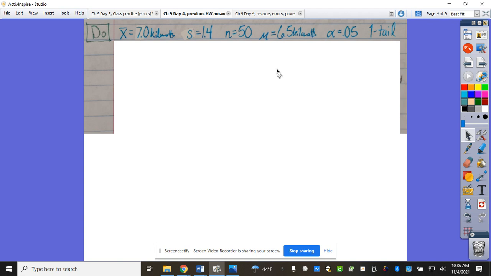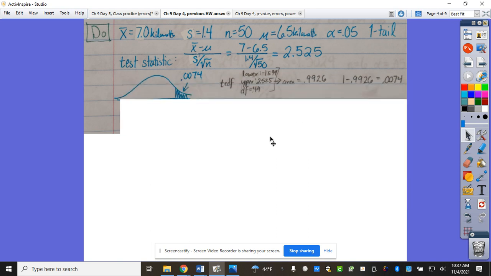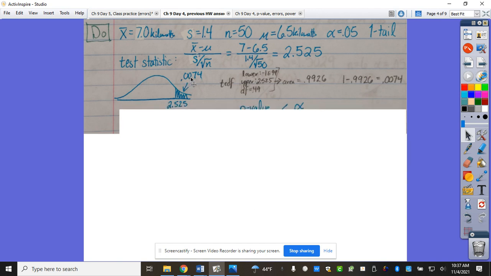Plugging in my numbers, 7 minus 6.5 divided by 1.4 over square root 50 should give you a test statistic value of 2.525. Again, like I said, this used to be an answer key, so I just did calculator notation, just showing steps. You should end up getting 0.0074, and this is when I taught it a different way where I didn't teach them to go up.